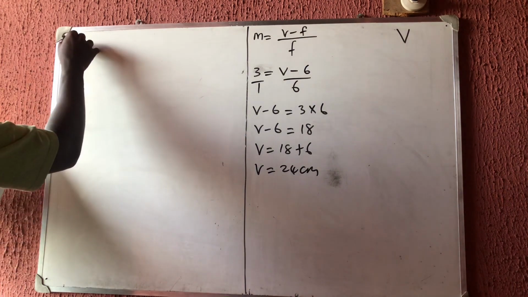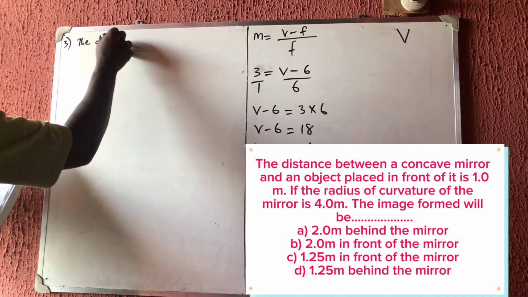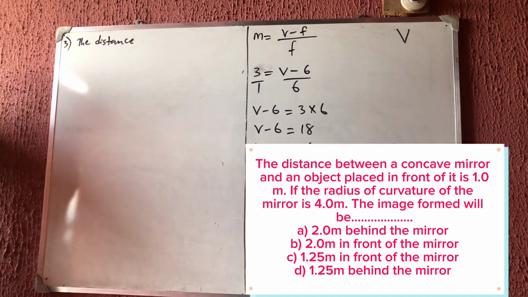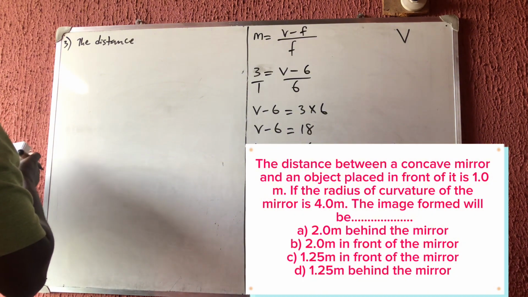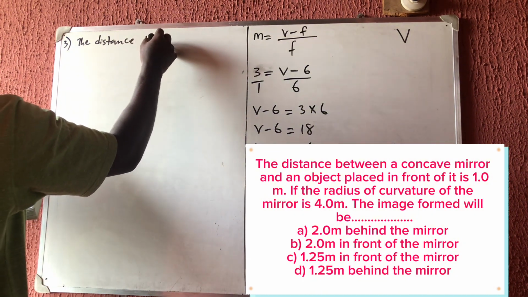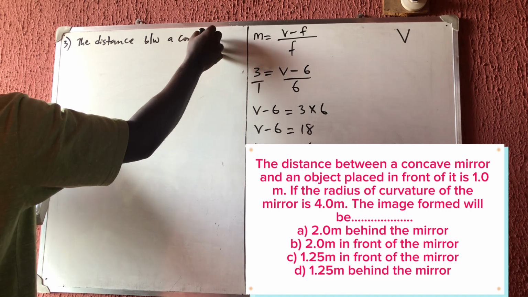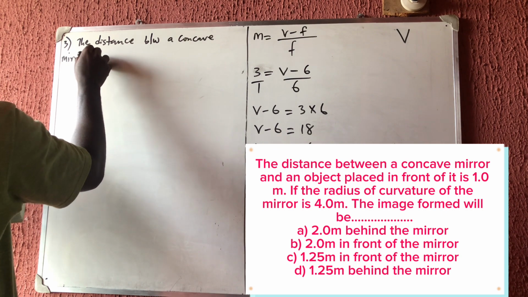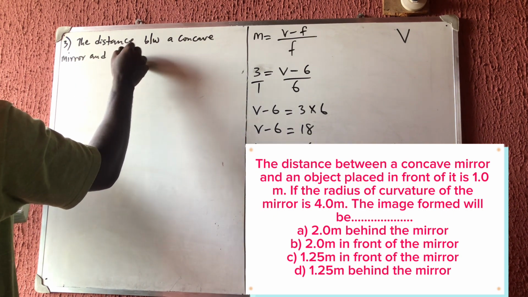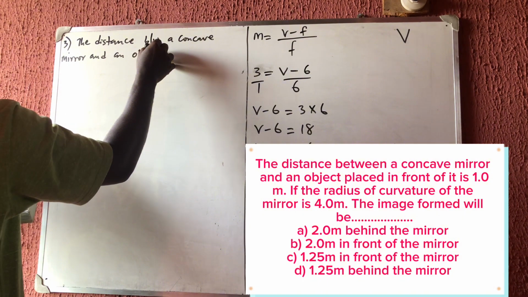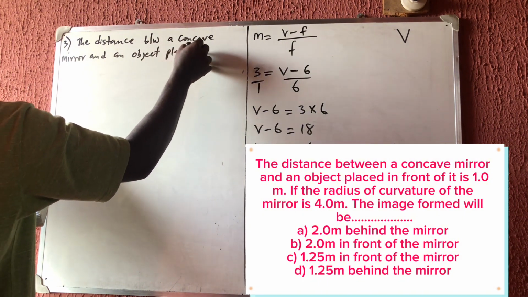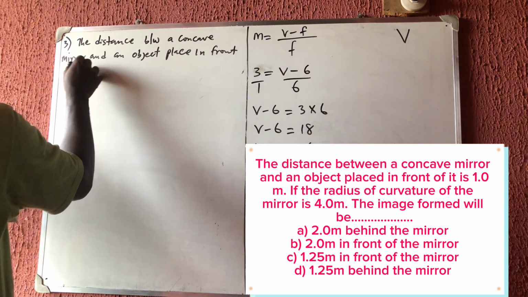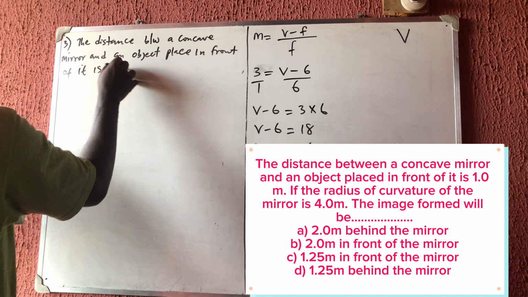Option number 3 said: the distance between a concave mirror and an object placed in front of it is 1.0 meter.